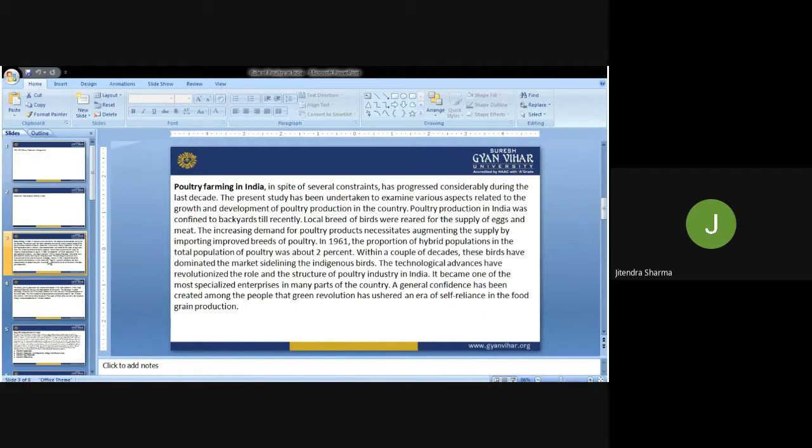In general, commercial poultry farming requires different dimensions: proper housing, ventilation, land, connectivity, marketing, and infrastructure.